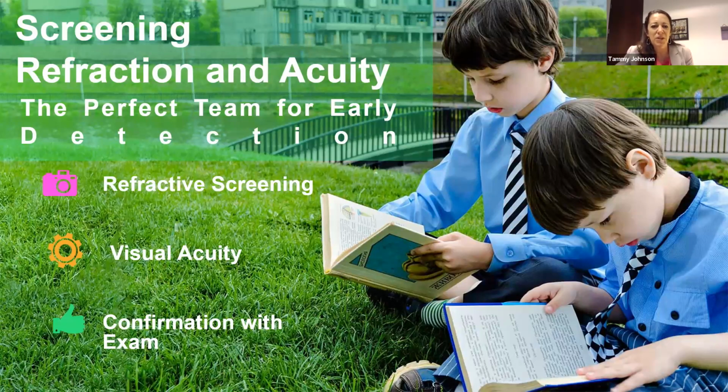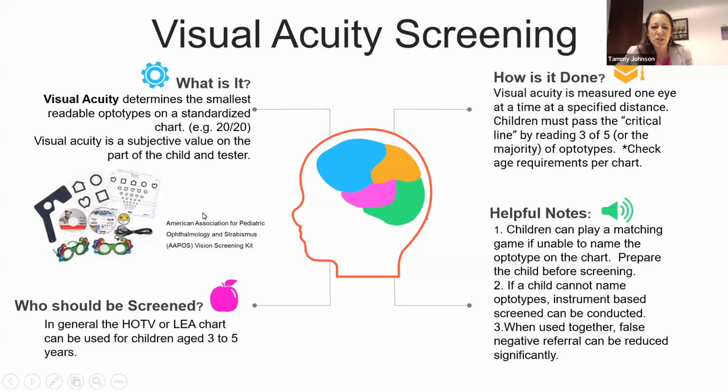So let me go into some more detail on refraction versus acuity. Visual acuity determines the smallest readable optotype on a standardized chart.